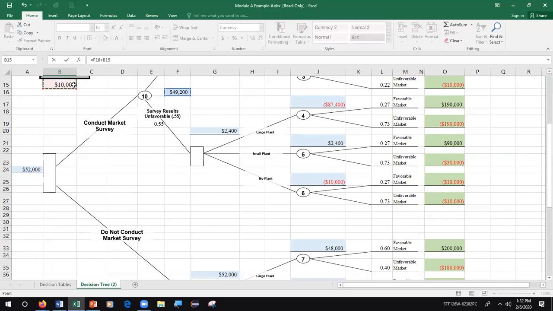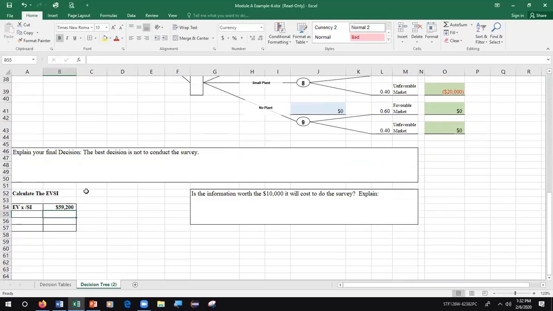We get it right there. That make sense? So that's the estimated value of the survey information. It's that final payoff, plus the $10,000, because we didn't really spend it.